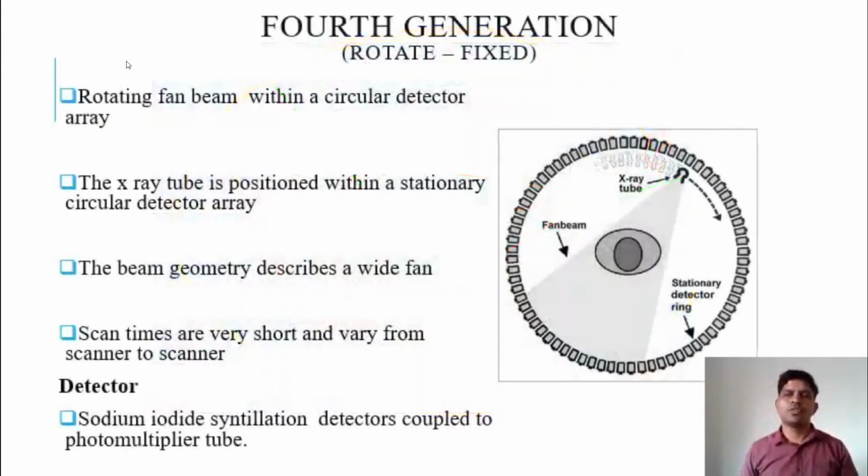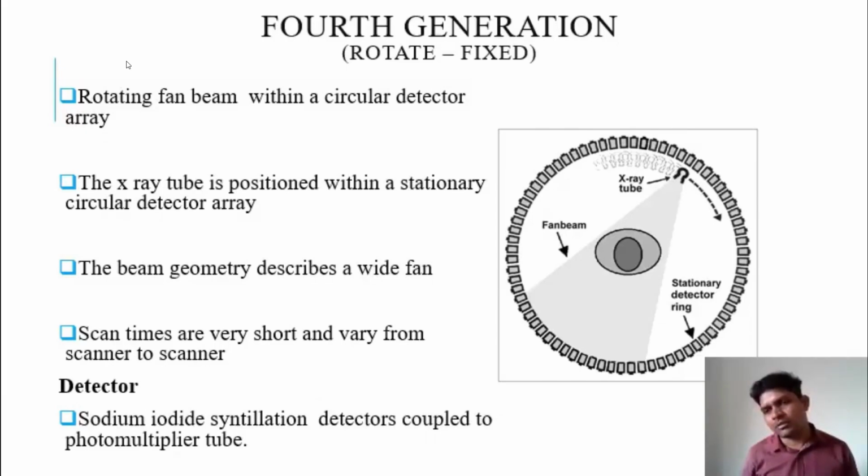Next comes the fourth generation, where rotate and fixed detectors were used. Previously the detector and X-ray tube moved together. In the fourth generation, it is rotate and fixed: the X-ray tube will rotate, the detector will be fixed. Here a sodium iodide scintillation detector coupled to multiple photomultiplier tubes (PMT) is used.